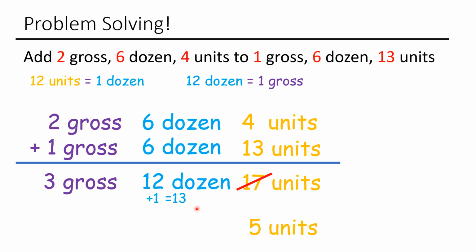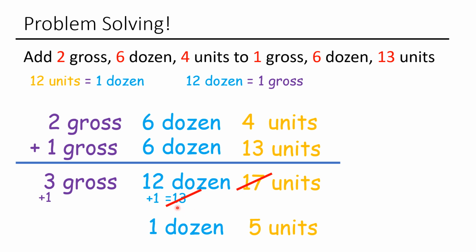Now I'm going to go to my dozens. I now have 13 dozen, which is more than 12, and 12 dozen make 1 gross. So I'm going to take 12 of those dozen out to make a gross, and I'm going to add 1 gross over here because 12 of them make a gross.